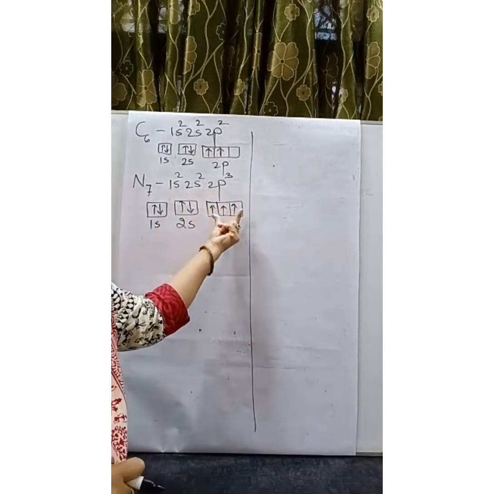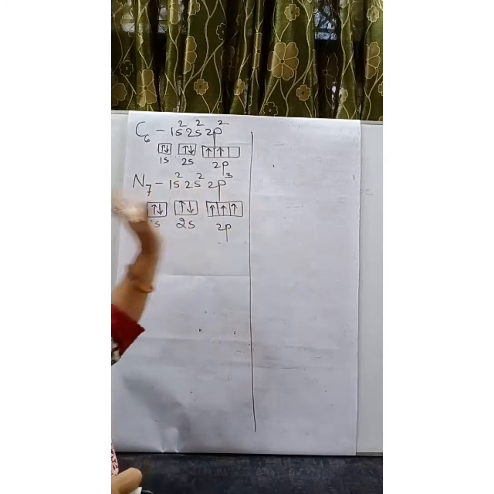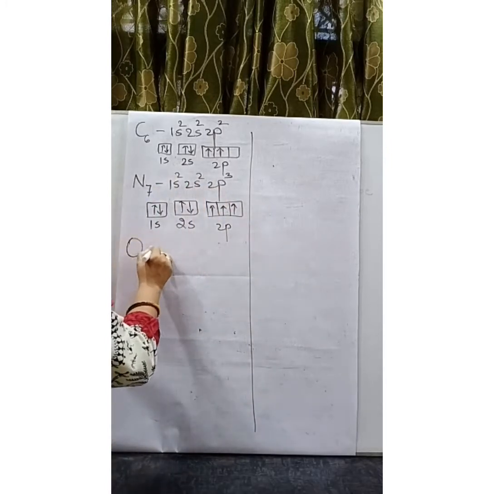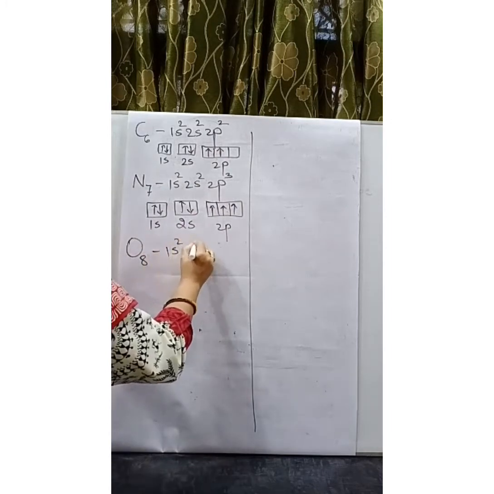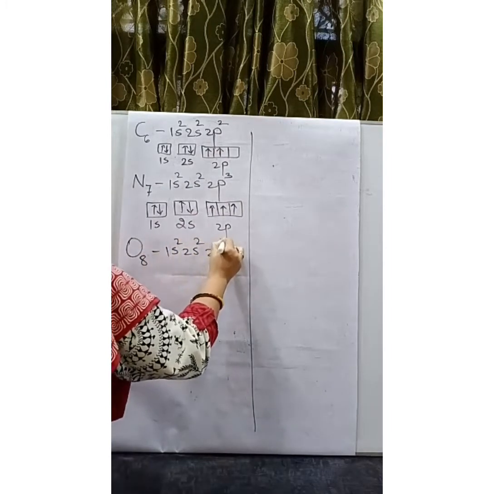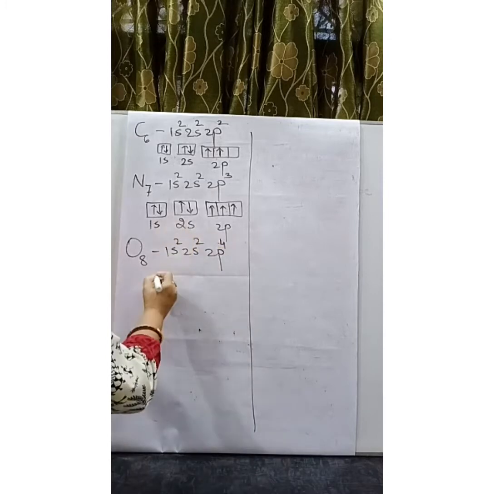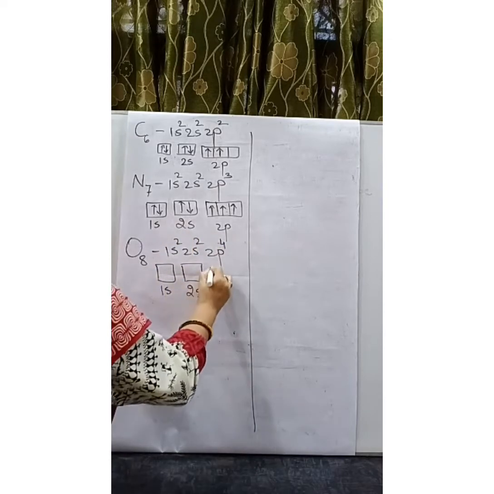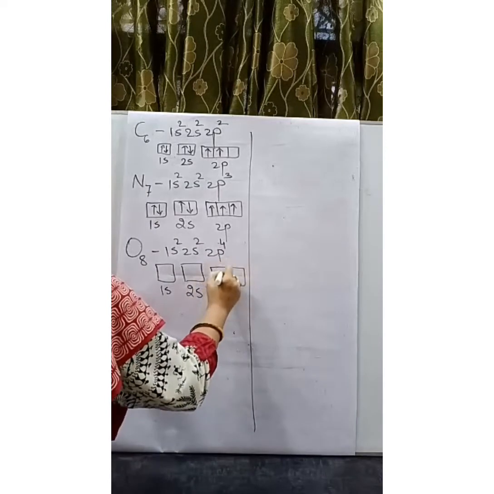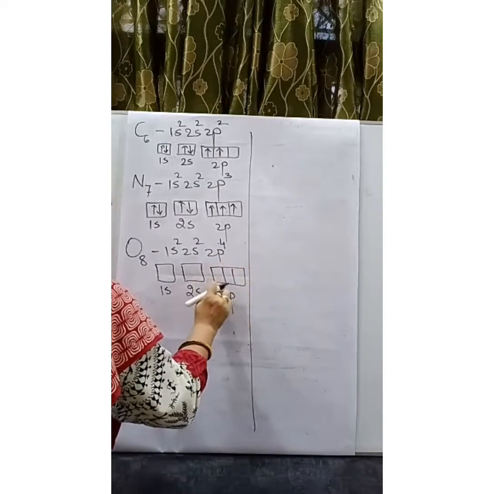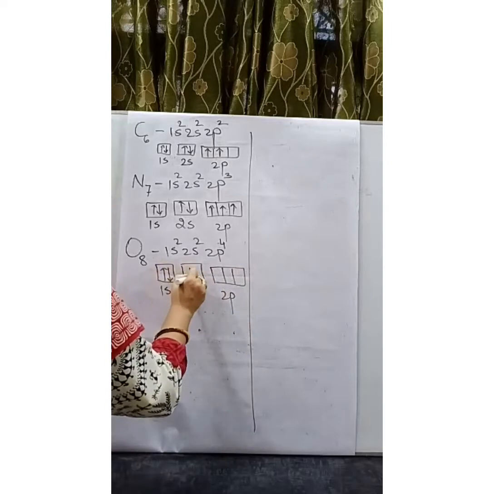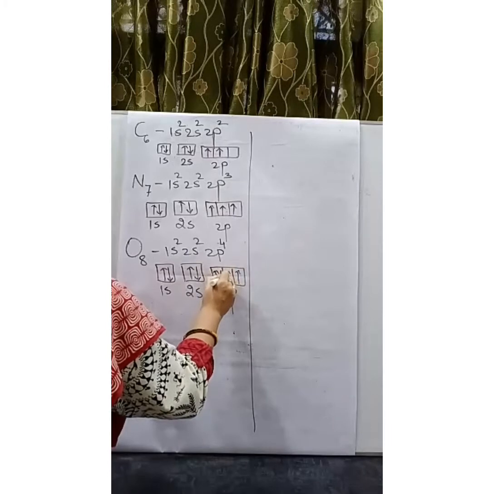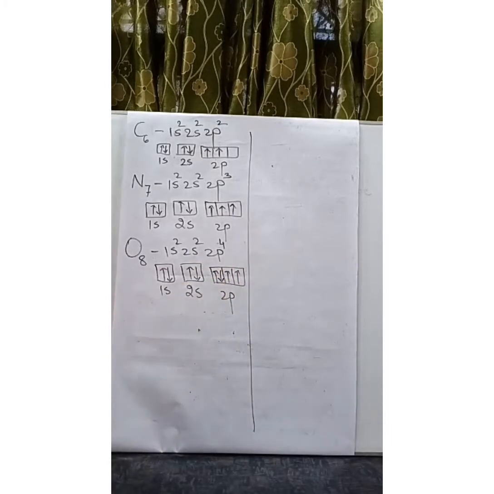Once they are singly occupied, only then will pairing take place. After nitrogen, oxygen: 1s2, 2s2, 2p4. 4 and 4, 8. So 2 electrons in 1s, 2 in 2s, 1, 2, 3, and the fourth one with the downward spin.